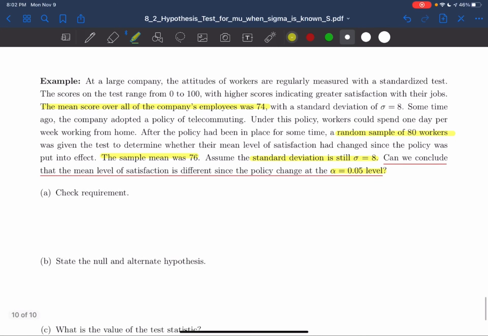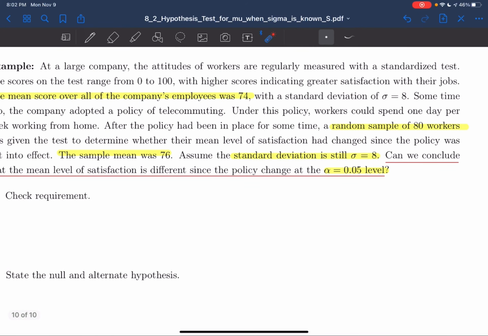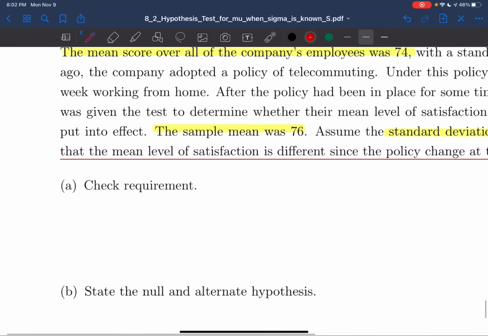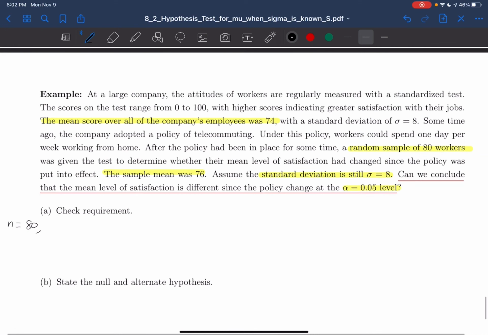So here, again, I want to gather all the information that we have. Probably the easiest one is to determine our sample size. So here we know that we have a random sample of 80 workers. So n is going to be equal to 80. Next, we also know that our sample mean was 76.